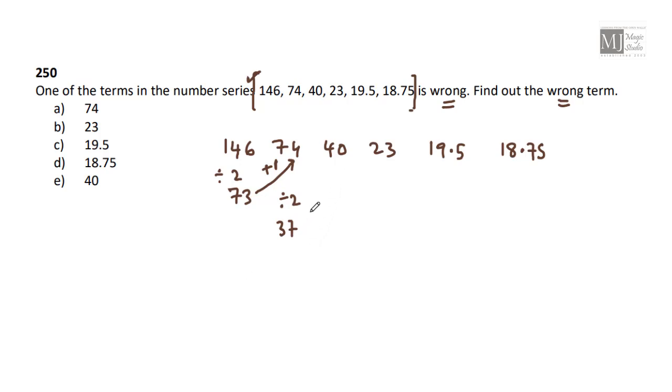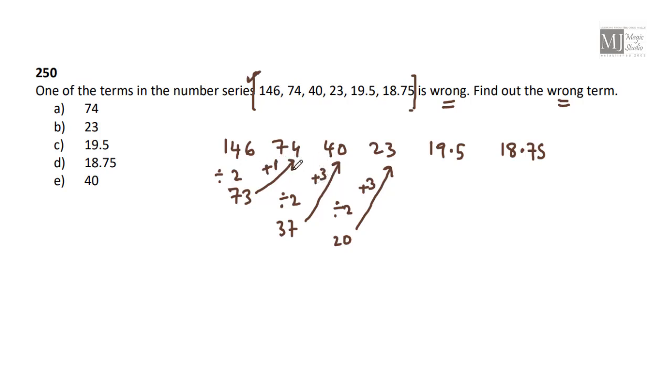But 37 becomes 40 when we add 3 to it. Let me check with the third one whether this pattern is following. Now 40 divided by 2 is 20. If 23 is correct, then I should be adding 3. But I can't add 3 because in the first I added 1, then I added 3.